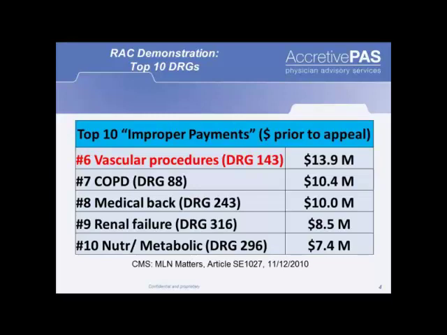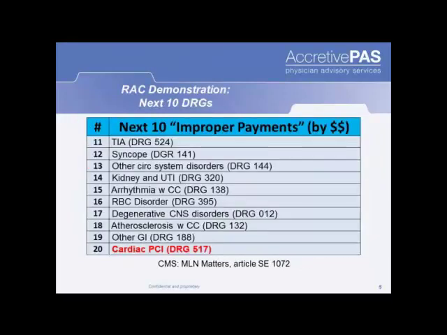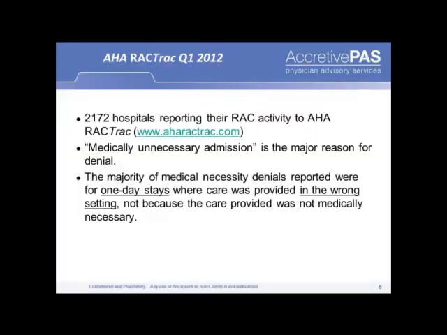Not only for these specific procedures, but other procedures and also for surgery, because the admission for surgery that should be done on an outpatient basis is a very similar parallel issue, and also leading to a lot of RAC denials. You can see number 20 on the list for the demonstration project was cardiac PCIs.